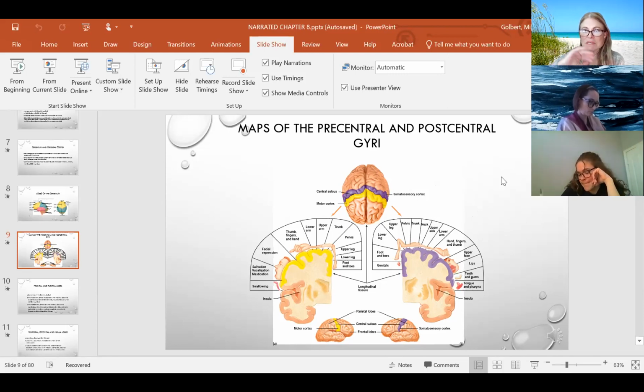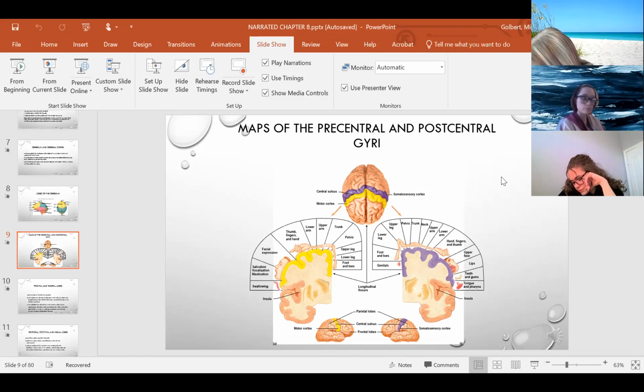The gyrus is the raised area coming after the sulcus, right? So the central sulcus is just the line, all right?